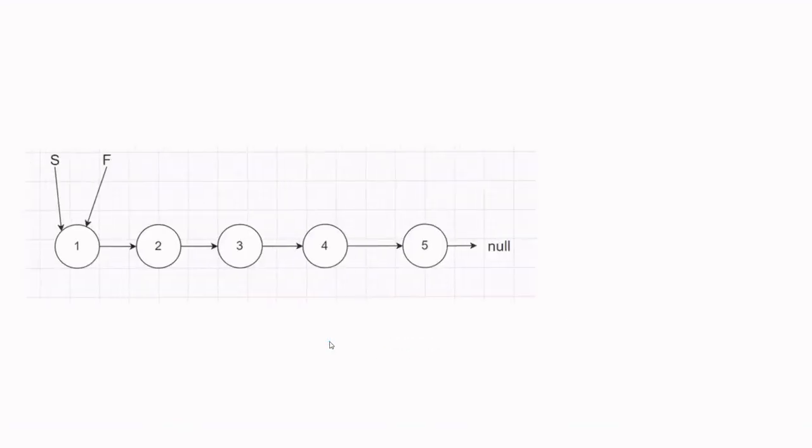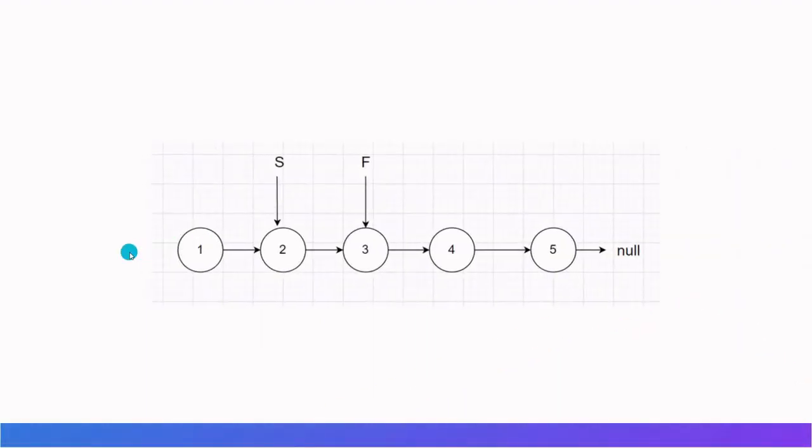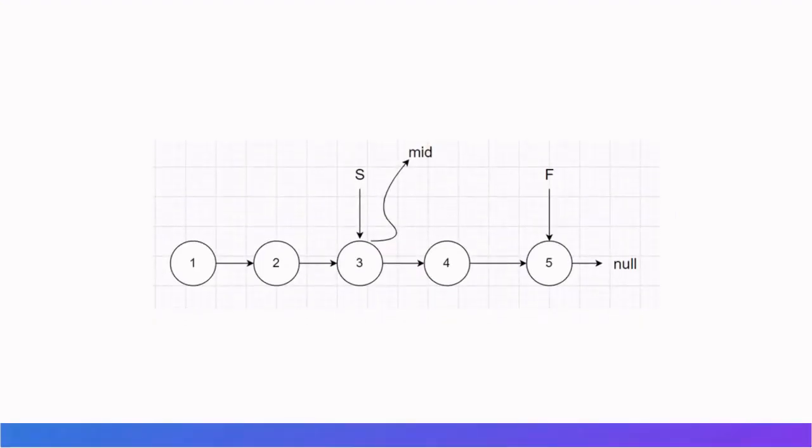So let's see a demonstration. Here, slow pointer and fast pointer have been initialized to the head of the list. Then we moved slow 1 node and fast 2 nodes, and this is going to be the second iteration. Here fast is at 5, where fast dot next is null.